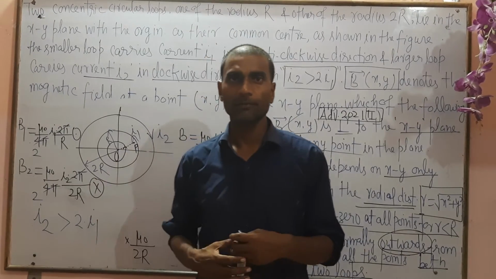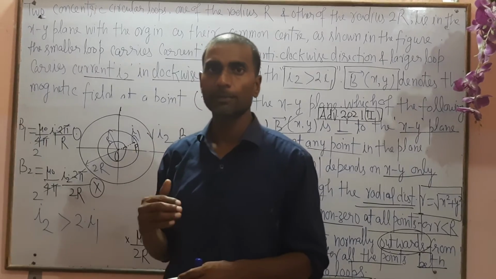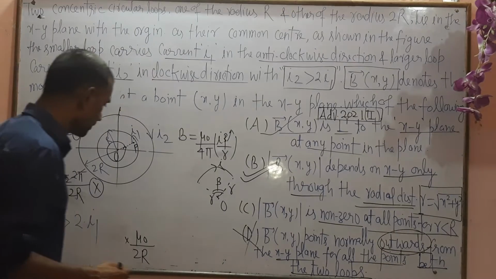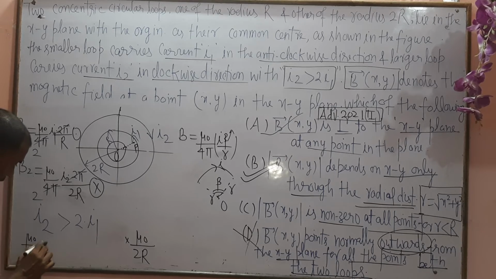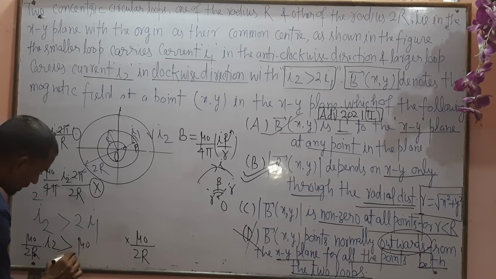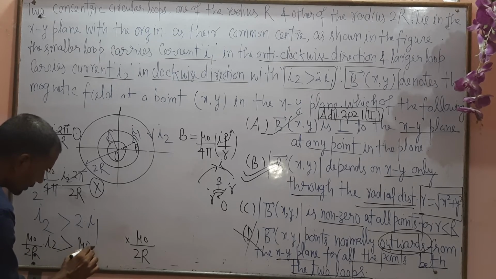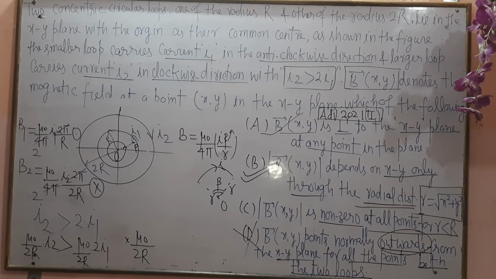If we multiply by a positive number in any inequality, then the sign of the inequality cannot be changed. So we multiply mu naught by 2R, and we get mu naught by 2R into I2 is greater than mu naught by 2R into 2I1. This is the 2I1.